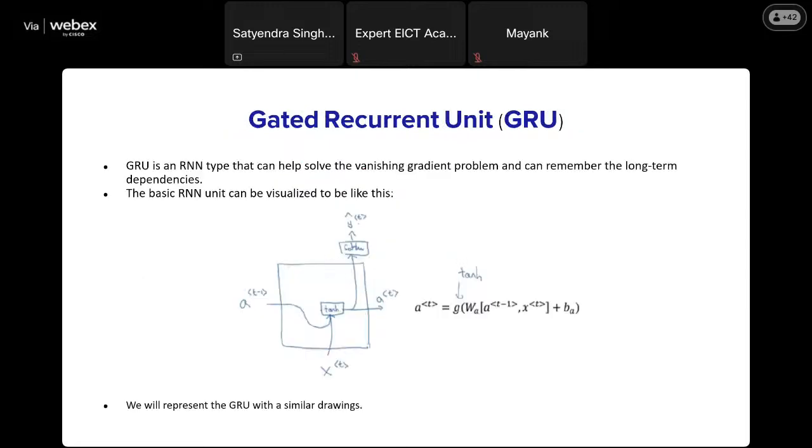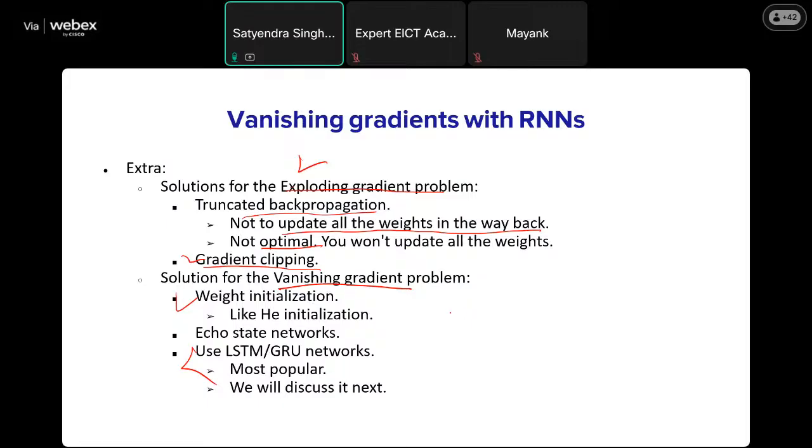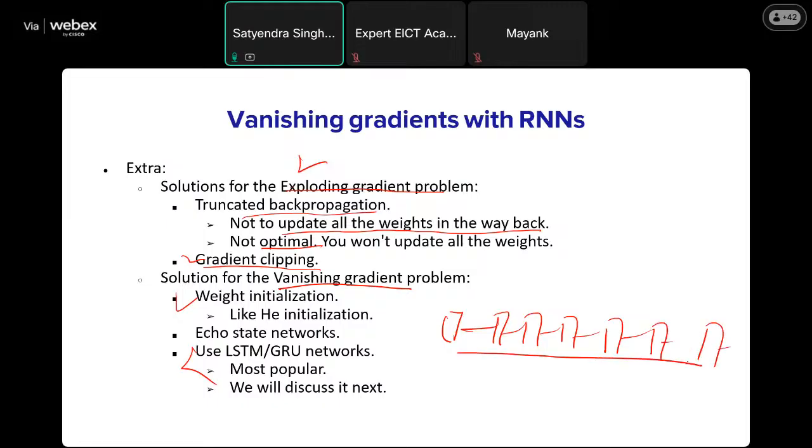So in summary, if you have a long sequence where you have many RNN units, eventually the gradient does not flow to all the RNN units. So your ordering or dependency or sequence cannot be captured.